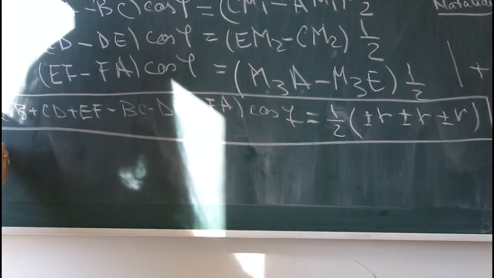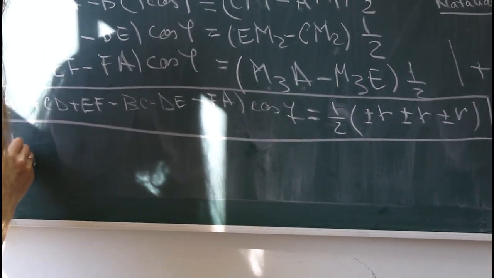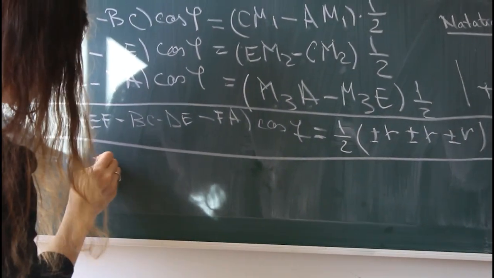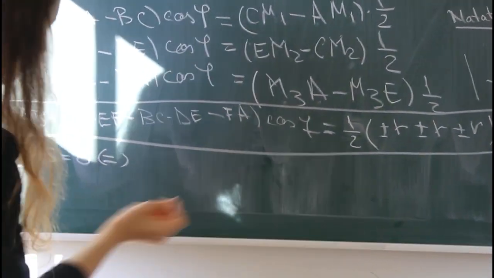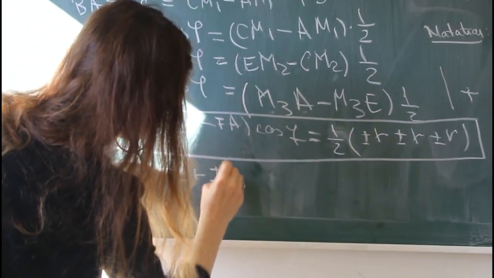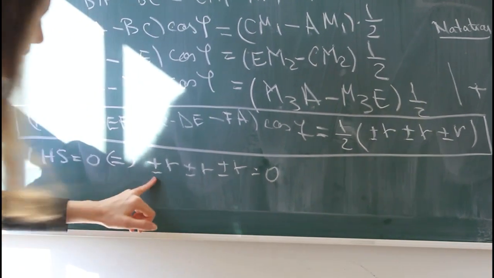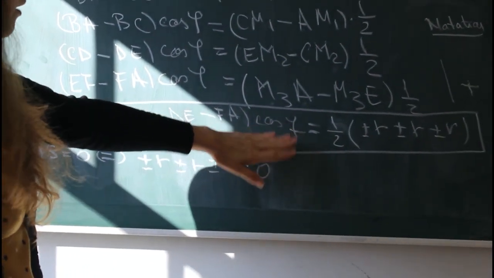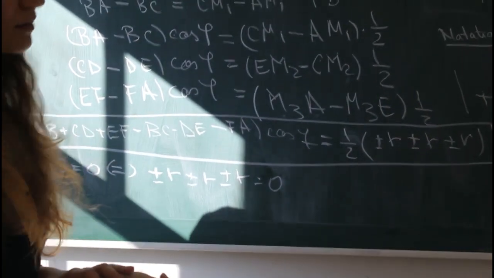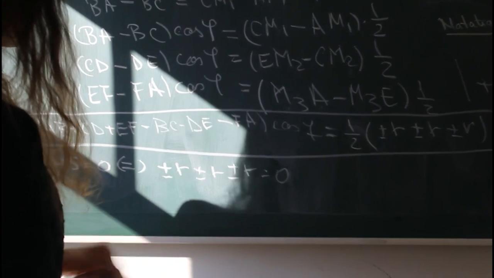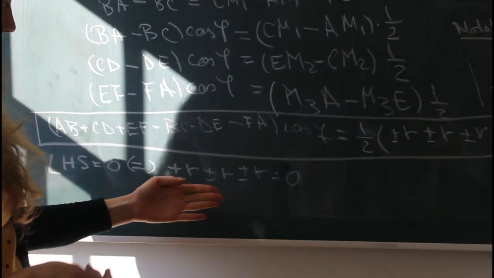Now, the left-hand side is 0 if and only if this expression is 0, plus minus r, plus minus r, plus minus r. Because the cosines can't be 0, because we have a convex non-degenerate hexagon. So when is this expression 0?